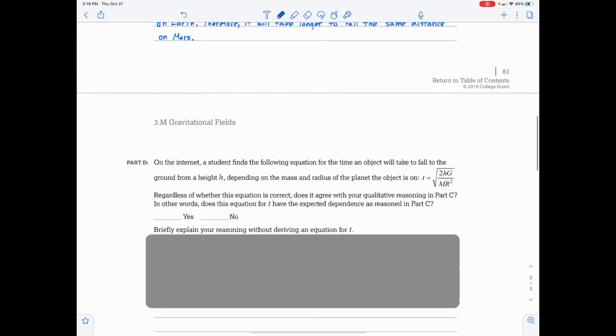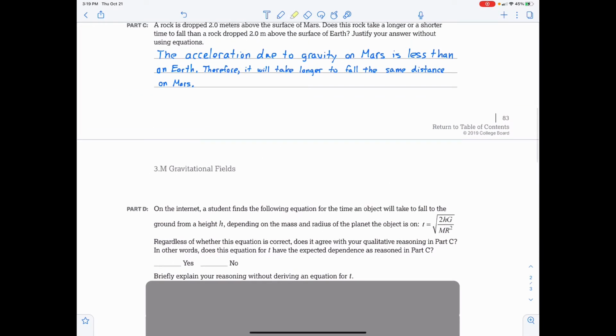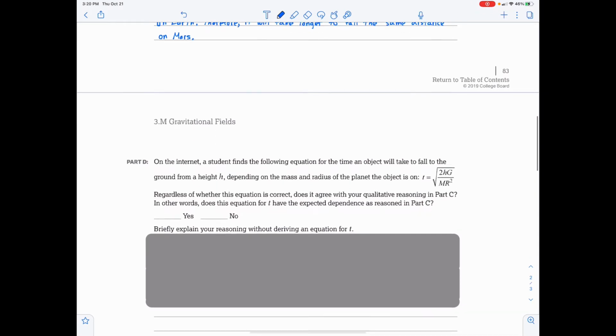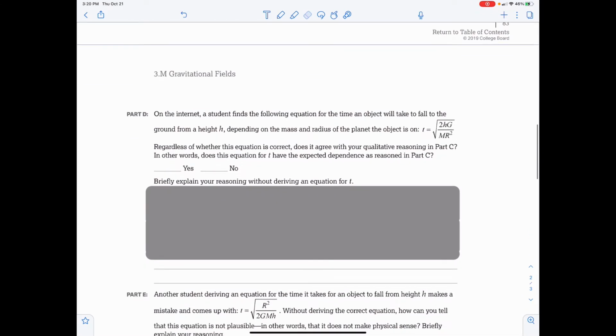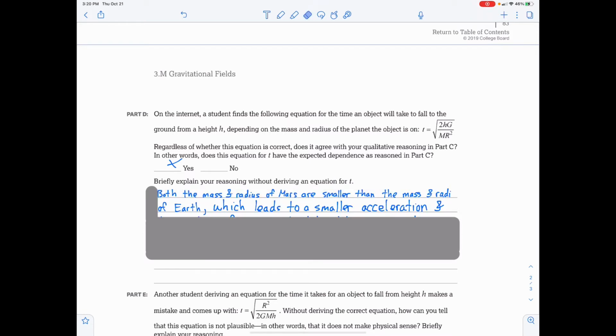Well, what did we say in part C? If g is less, time will be longer. So yes, it does agree.